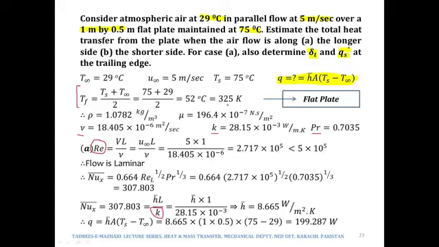Now after finding out the value of the film temperature, we need to refer to the table of the properties of air, because it is air which is flowing. It may be water, it may be any other fluid such as ethylene glycol or any other type of fluid. So we need to be careful about the fluid as well, so that we can refer to the right, corresponding table.